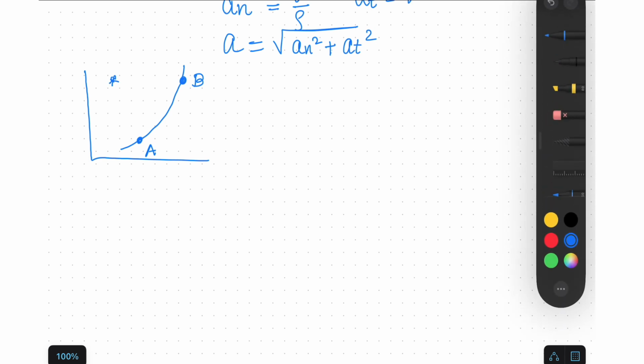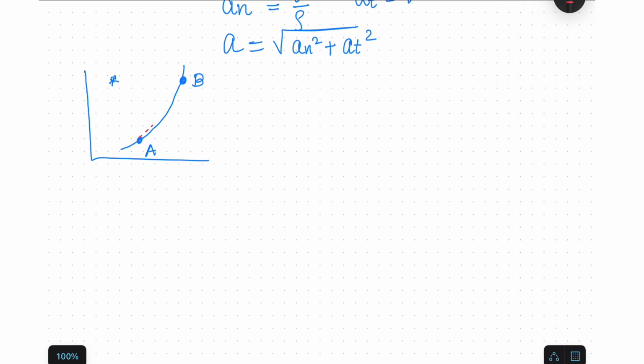There is a car at point A which is moving to point B with some acceleration. So in this case I will make a velocity vector at point A and a velocity vector at B.